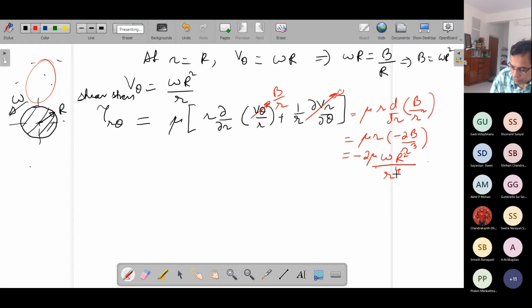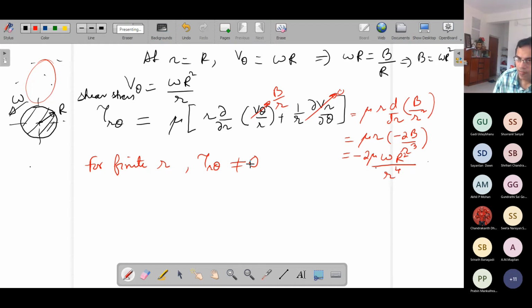Okay. So clearly, for finite r, until and unless r tends to infinity, you have tau r theta not equal to 0. Only if it is tending to infinity, it is 0. So this is shear stress.